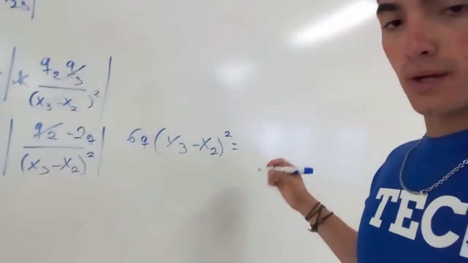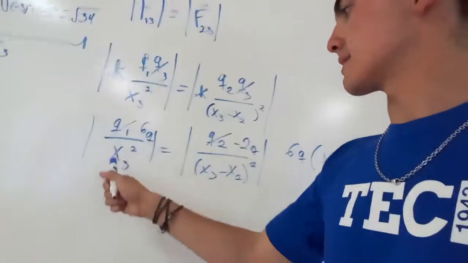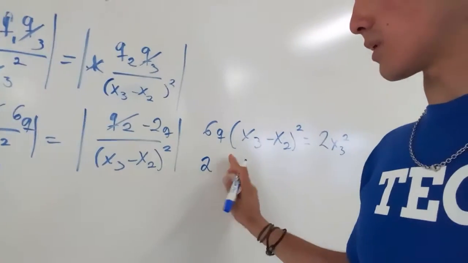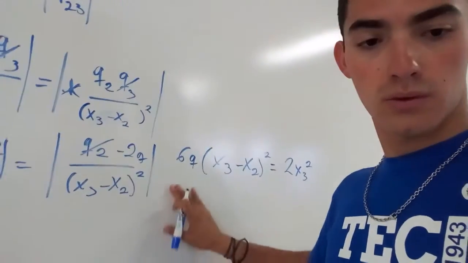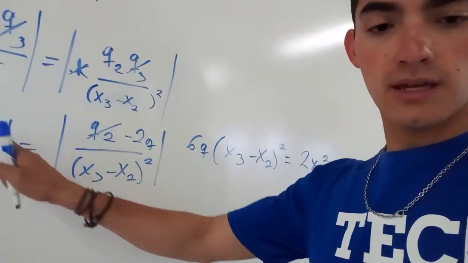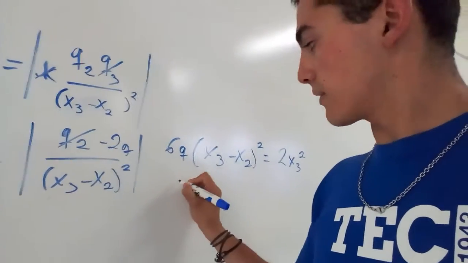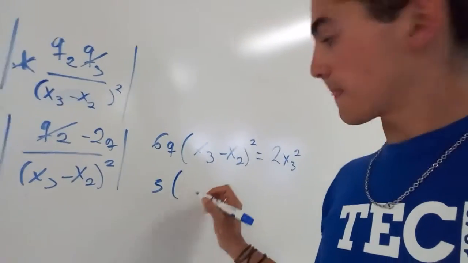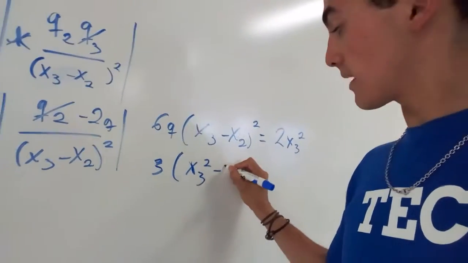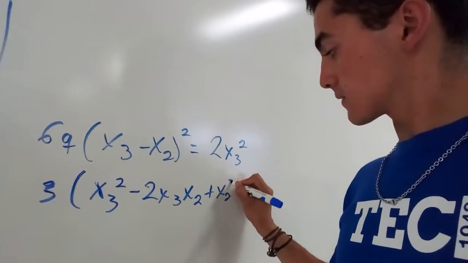This times this is equal to 2x3 squared, and this times this, it's easier, because it's 3 times (x3 squared minus 2x3x2 plus x2 squared).